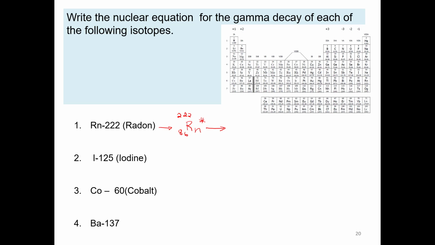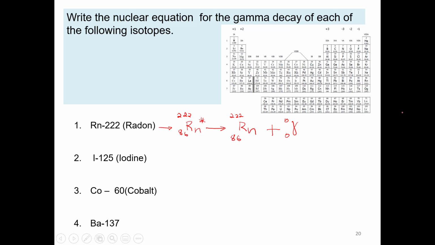Then this radon emits some radiation and becomes more stable, but without changing the number of protons or the number of neutrons. This is why these two numbers are the same. But because it's more stable, it emits the gamma radiation, and this is the symbol for the gamma radiation.